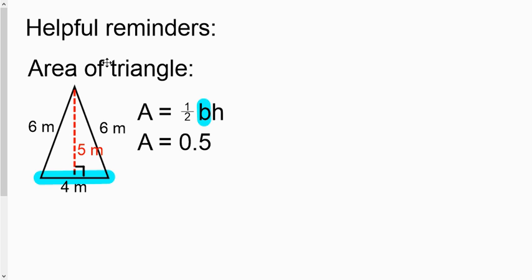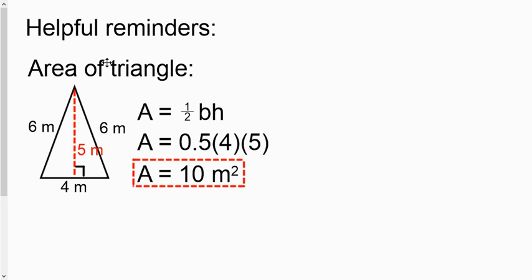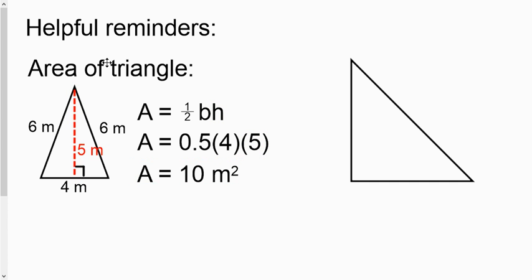So this base is going to be 4 because it's hitting the height at 5 right there at 90 degrees. So you would type in these three numbers and multiply them in your calculator, and you'd get 10 for the area. Now, if your triangle is actually a right triangle, the base would be right here, but your height would be hitting that base at 90 degrees, so you would need the two legs of the right triangle.